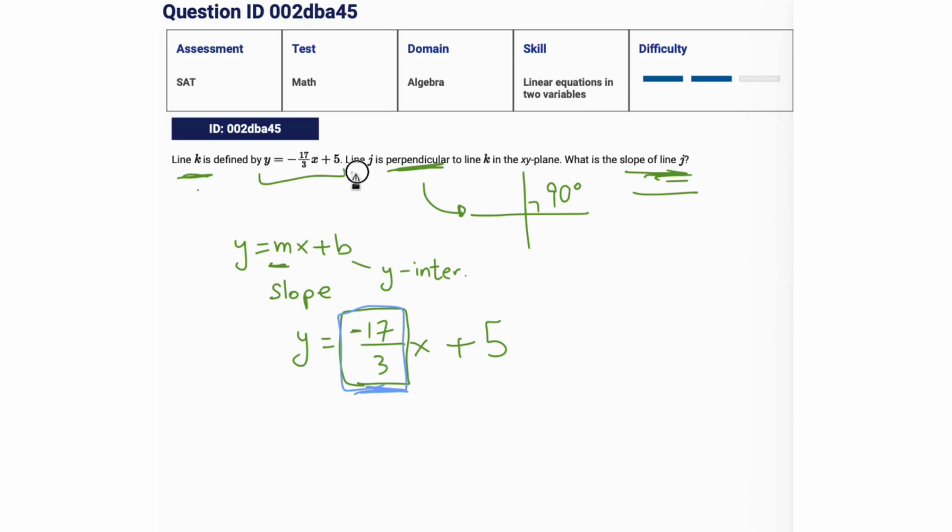Now, line J is perpendicular to line K. Why have we been given this information? Why is it important to us? Well, that's because there is a certain rule.